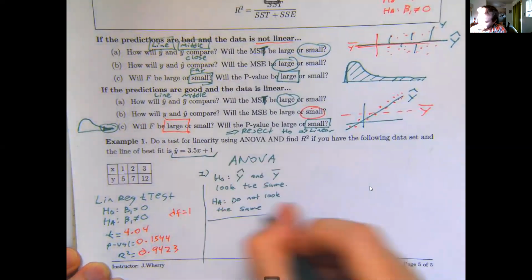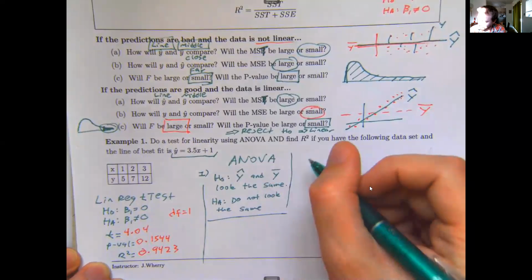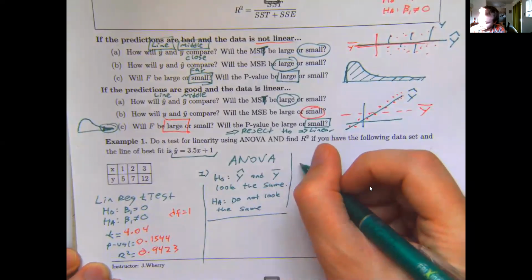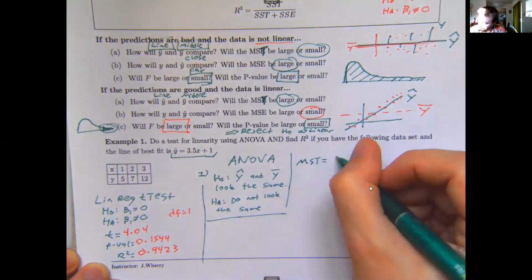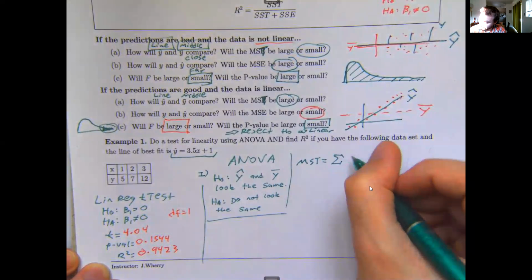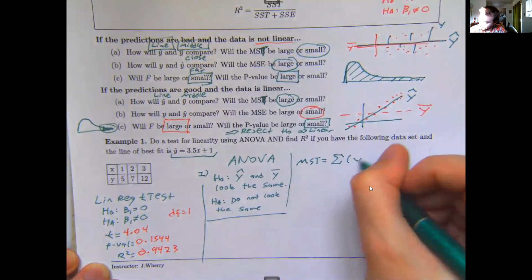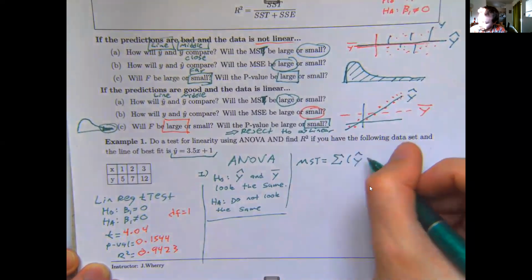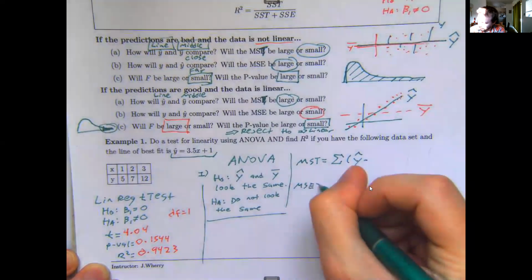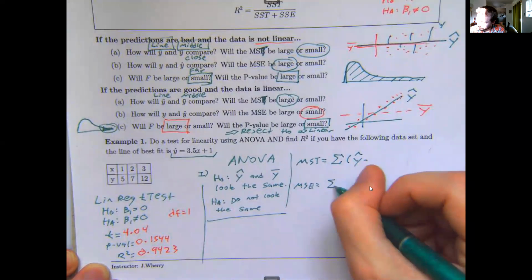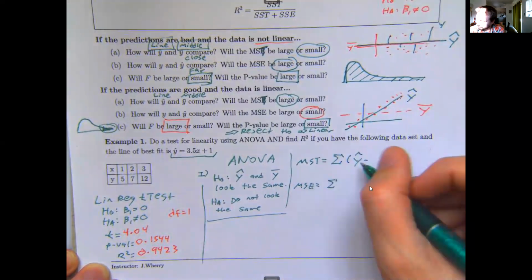And now I'm going to pause the video as I give you time to calculate both the mean square of the treatment by looking at the sum of the residuals and comparing the lines. So the mean square of the treatments takes the y hats.